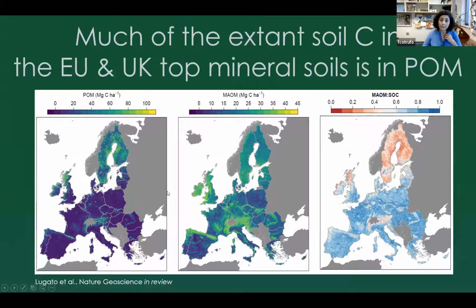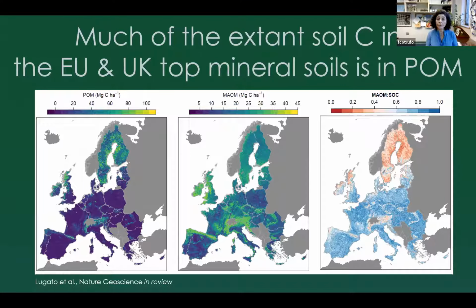What came of great interest is that mineral-associated organic matter, which we always think of as the most persistent fraction, is most abundant in the soils that have low organic carbon. That's counterintuitive: the soils in Europe that have been mostly used for agriculture are now the ones that have the highest amount of MAOM, while they have the lowest total carbon.